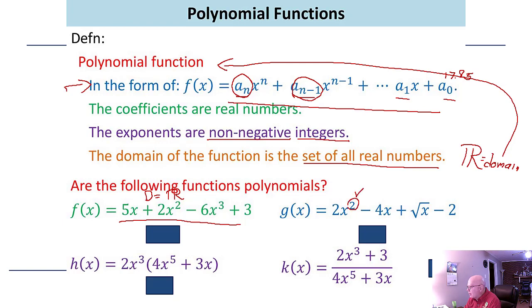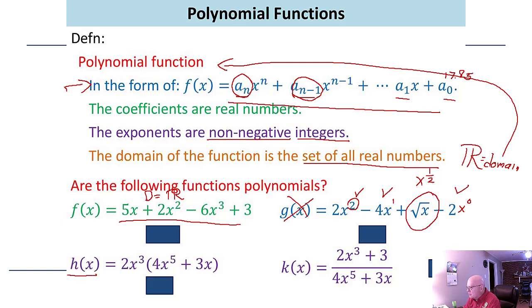Check. The exponent here is a 1. Check. The exponent here is x to 0, which is 1. Check. But this one, if you remember, this can be written as x to the 1/2 power. And 1/2 is definitely not an integer. So this is not a polynomial.